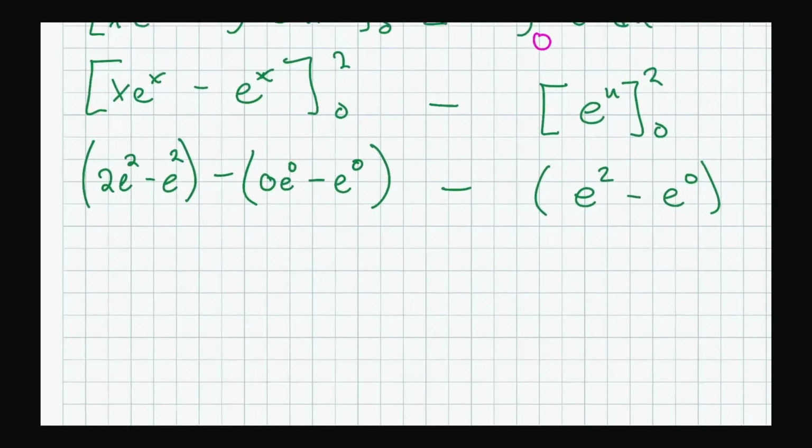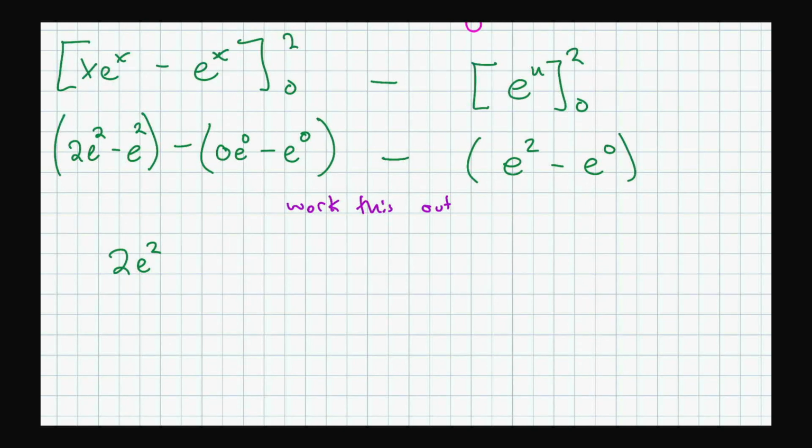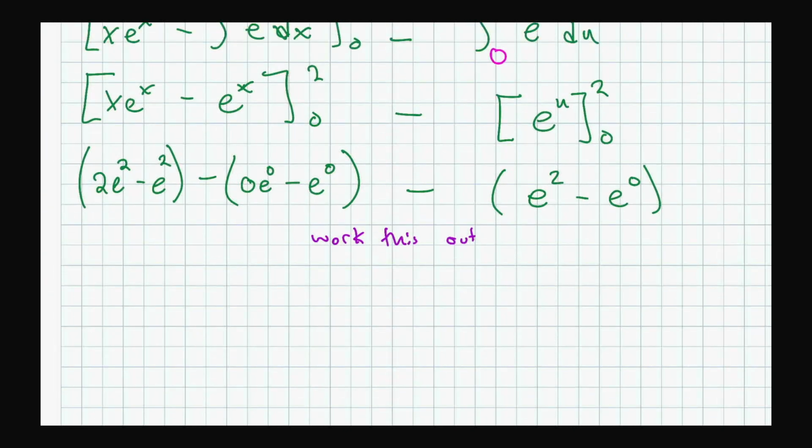Now at this point, we need to just evaluate all of this. So let's just work this out. 2e to the 2 minus e to the 2. Okay. Try again. So 2e to the 2 minus e to the 2 is just e to the 2, right? Just 2 of them minus 1 of them.